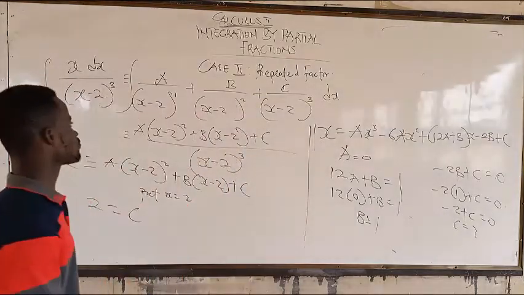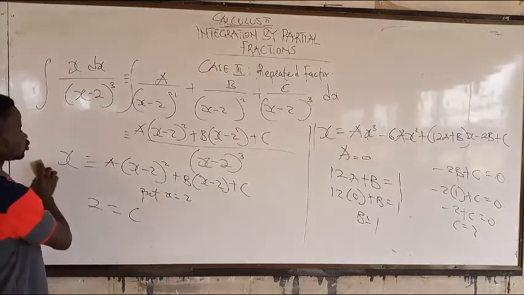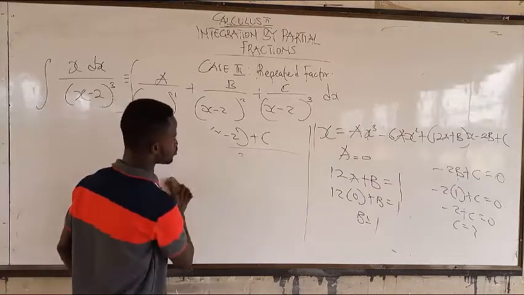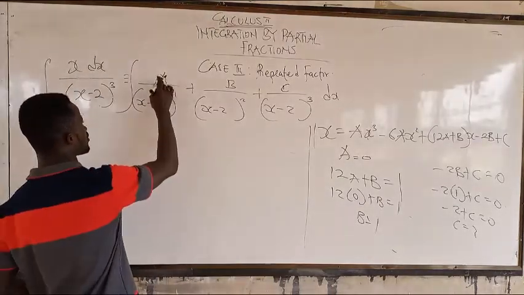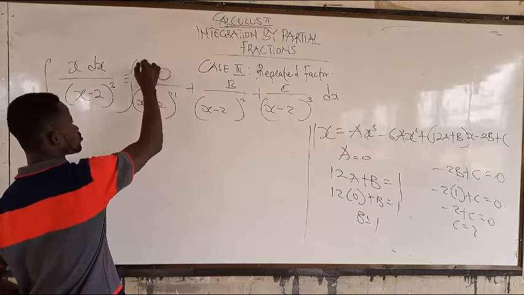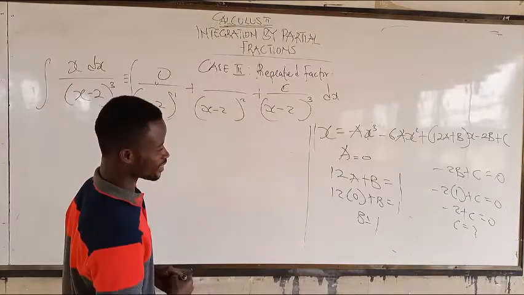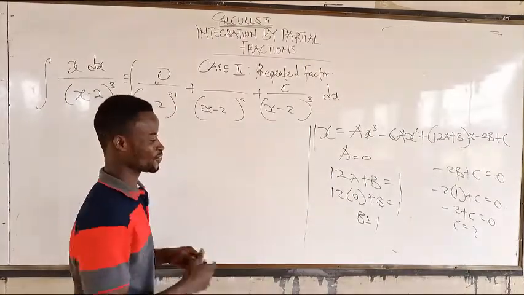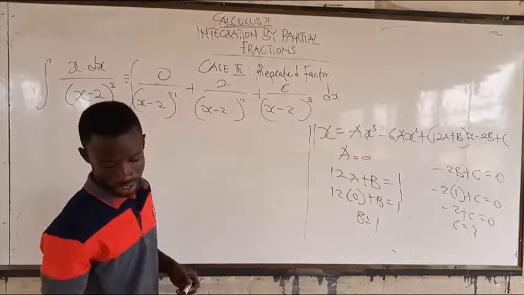So the only thing left is to come back and do the substitution. A is 0. Ooh, wow. I like 0. That's the reason why I like 0. No matter what is in the denominator, everything is 0. C is 2, B is 1.